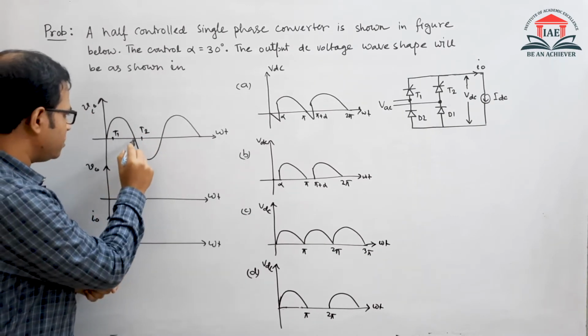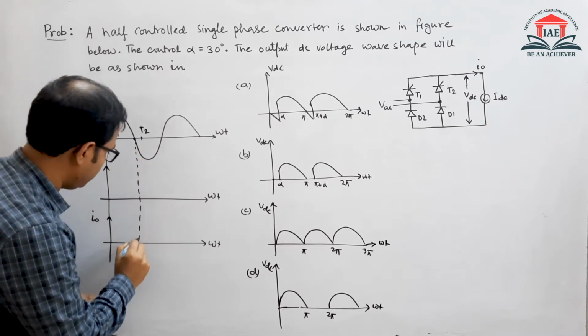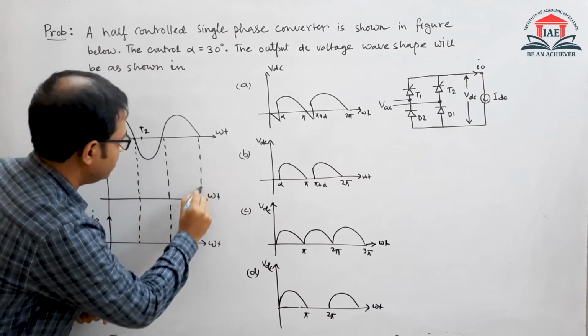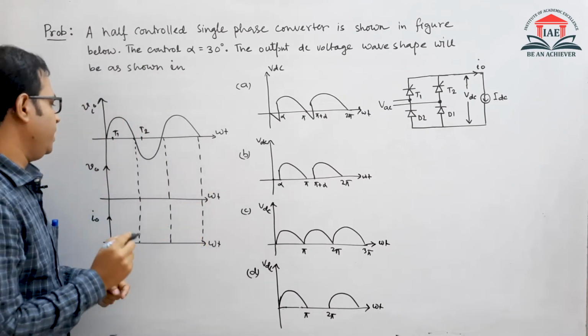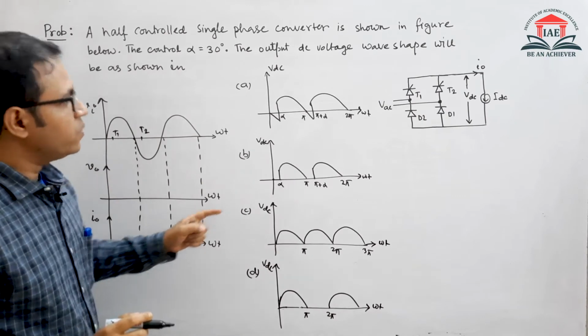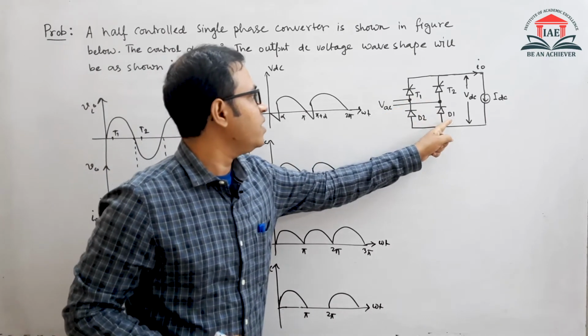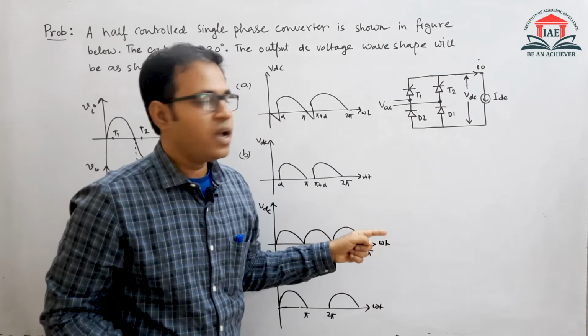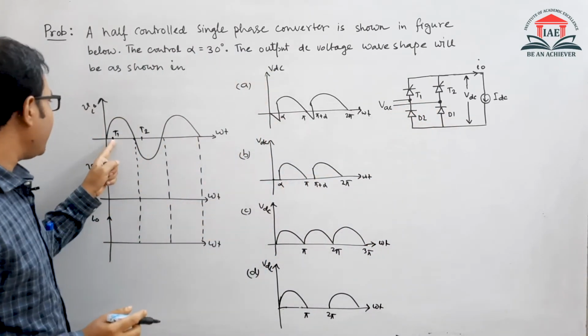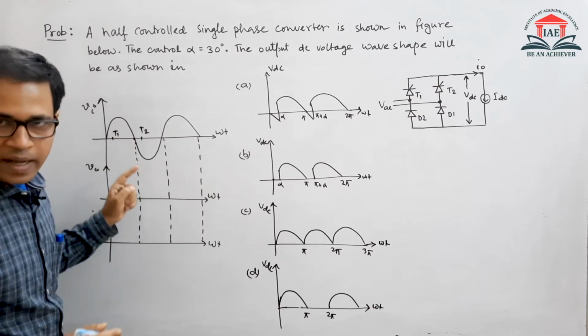So let us mark the zero crossing points first. This is a zero crossing point, this is the 2 pi point, and this is our 3 pi point. At this point, when T1 is triggered, T1 and D1 are in forward bias state, and T1 and D1 will conduct from alpha, which is 30 degrees, to pi.